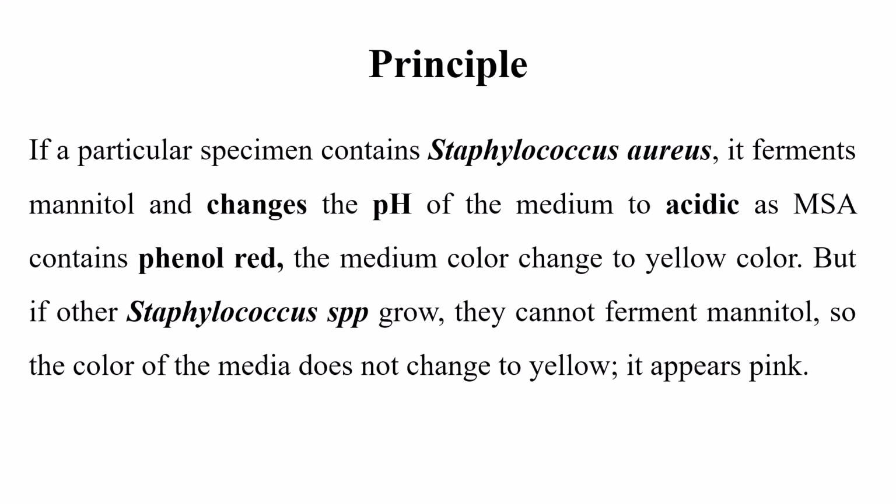But if other Staphylococcus species grow on the mannitol salt agar, they cannot ferment mannitol. The color of the media remains the same and does not change to yellow. We just have pink colonies growing on the media.